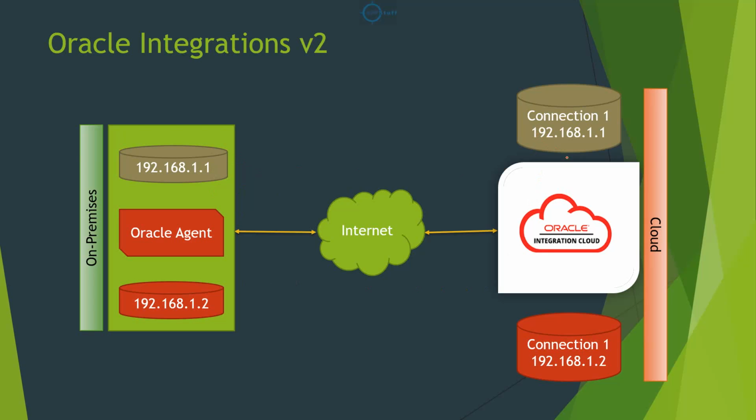Just imagine the way you connect Toad, or any application, a PL/SQL Developer, locally. You create a connection string, right? In the connection string you mention the IP address of the database, port number, and SID or service name of your database.